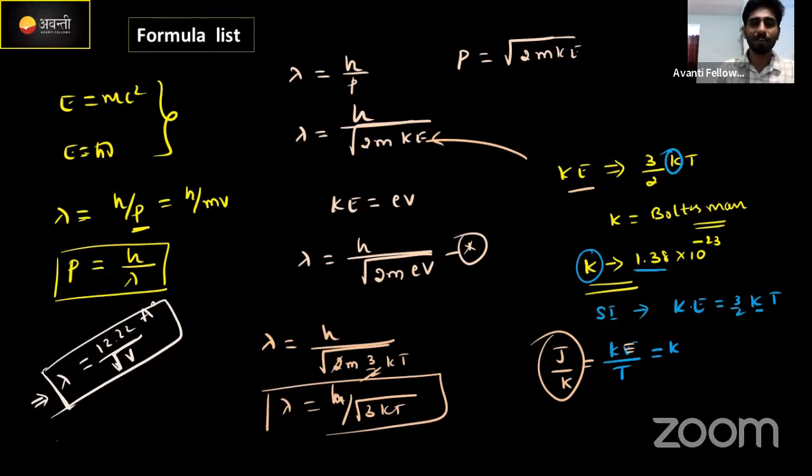Actually the potential came across 54 volt. At this voltage, maximum amount of electrons will be scattered. Correct now? Means reflected from there.